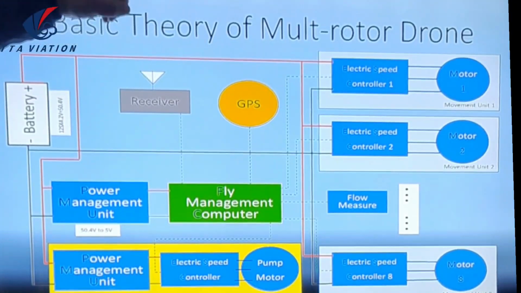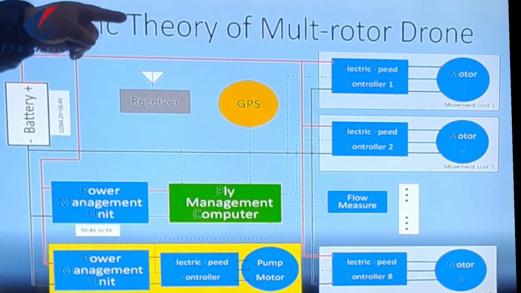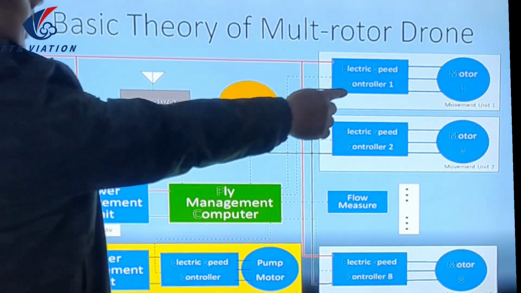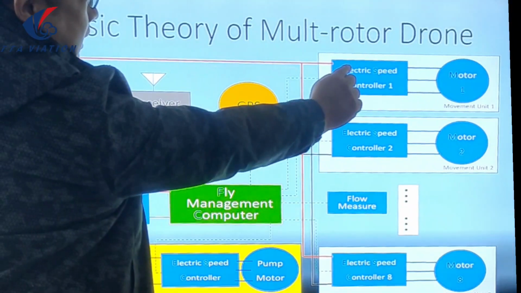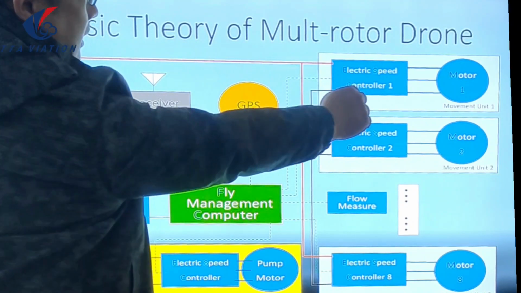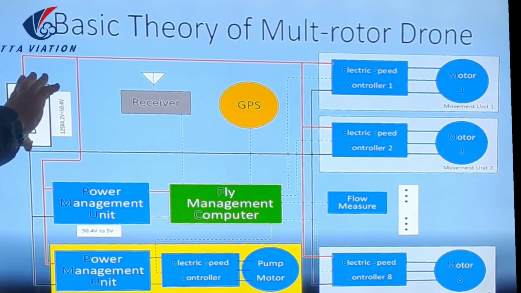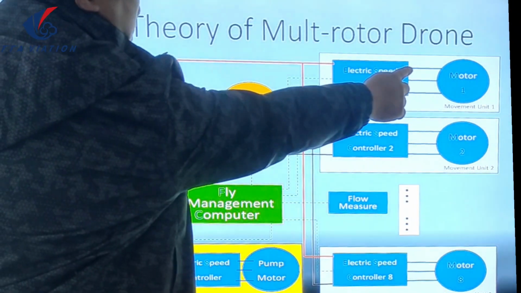But when the motor is working, we can see between the electric speed controller and the motor, they are linked by three wires. That means this electric speed controller, the ESC, transforms the battery power to a three-phase power.